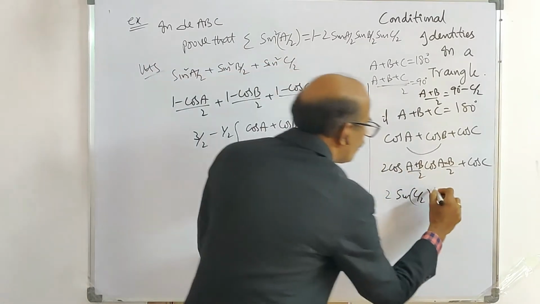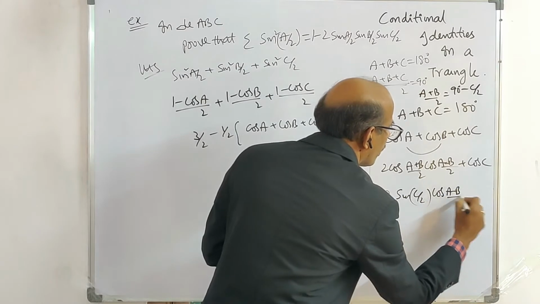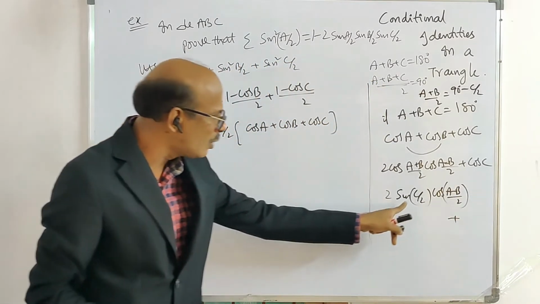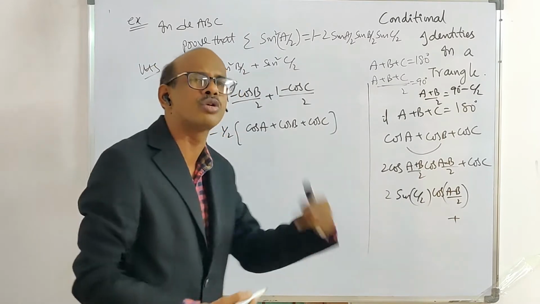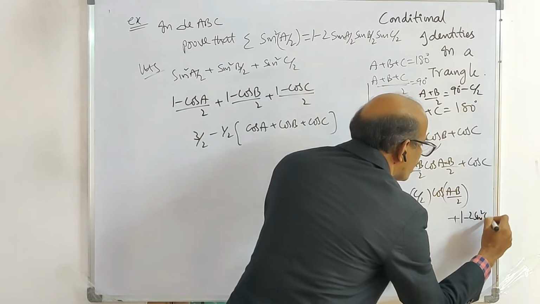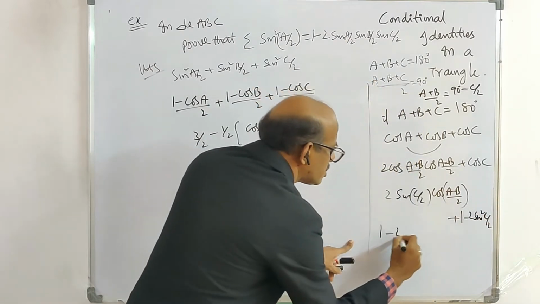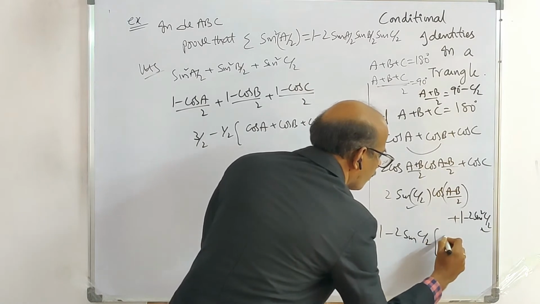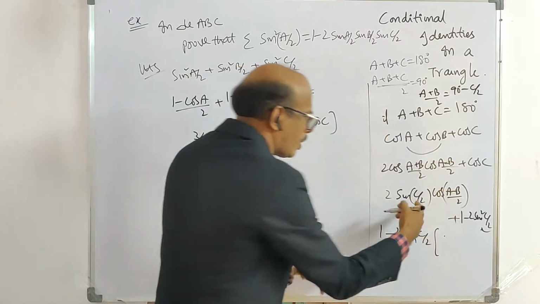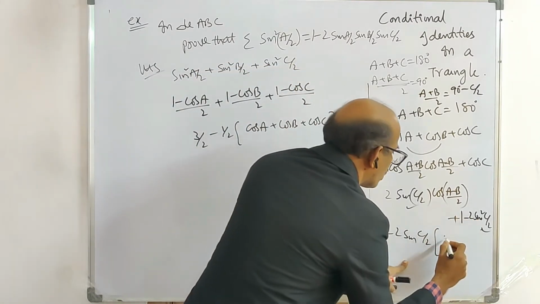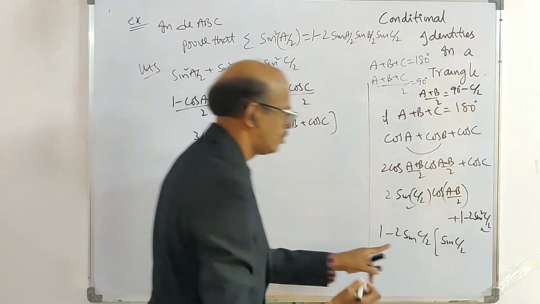So sin C by 2, and this will be cos of (A minus B) by 2 plus here cos C in terms of half angle. By knowing this first term as sin, take a common term. So I convert here, it will be 1 minus 2 sin square C by 2. 1 as it is, and here 2 sin C by 2 common. 2 sin C by 2 common here and here, 1 as it is constant. So the minus, no doubt, will be sin C by 2.